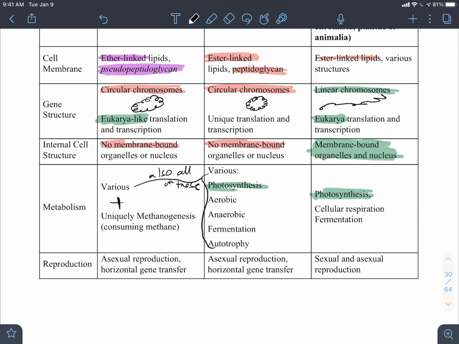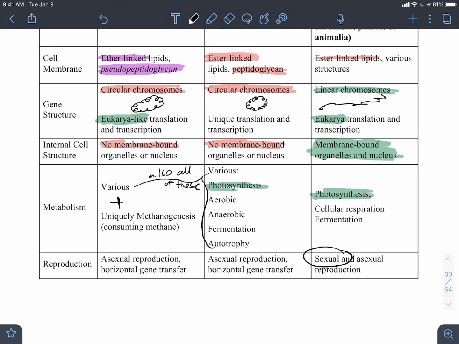And then for reproduction, we have the three groups, and we have asexual reproduction in all three. But we only find sexual reproduction, true sexual reproduction, in eukarya, because that's really where we see defined sexes versus the single-celled organisms, which do not have that.